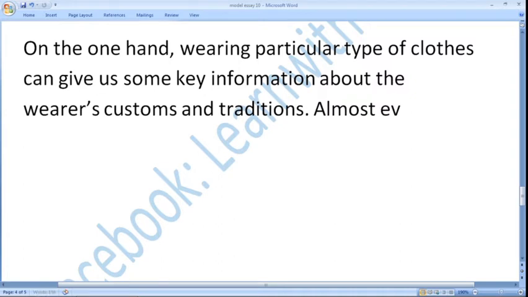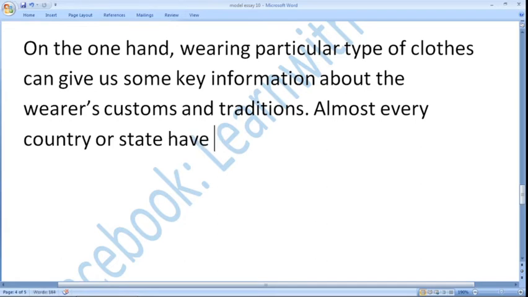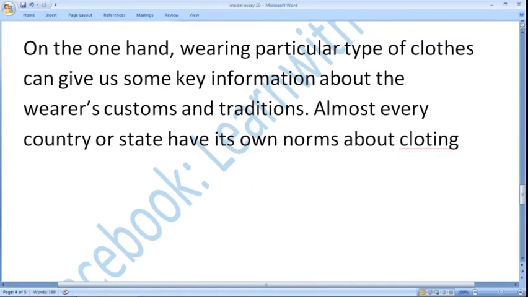Almost every country or state or area has its, as we are using two nouns here, we would use have its own norms about clothing.